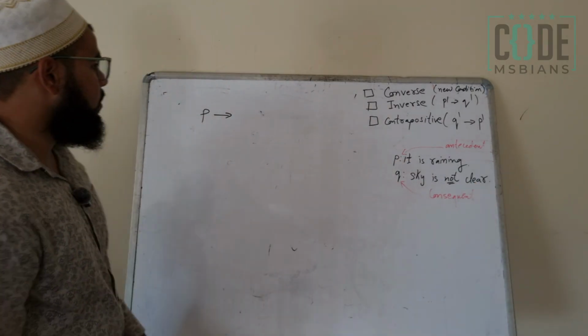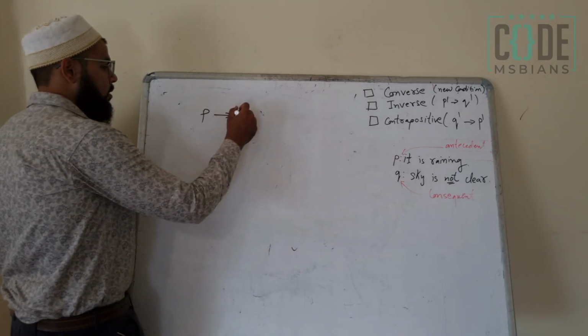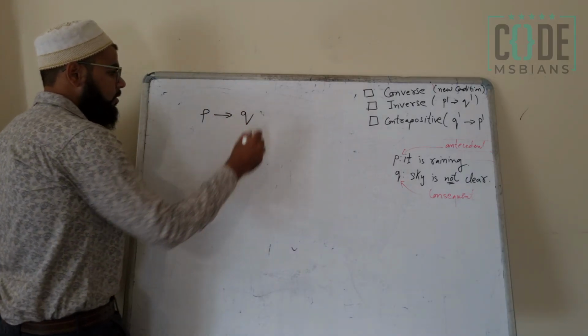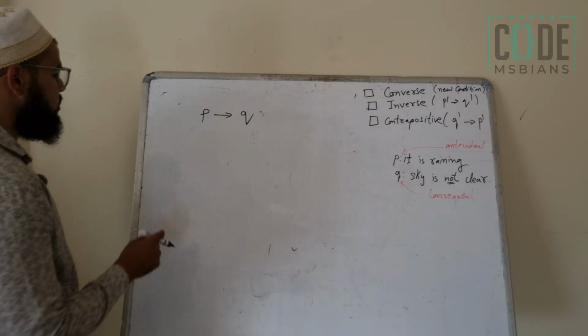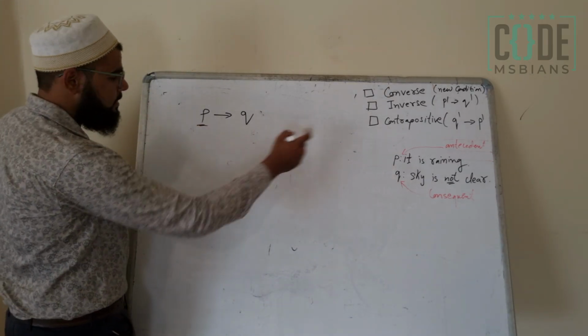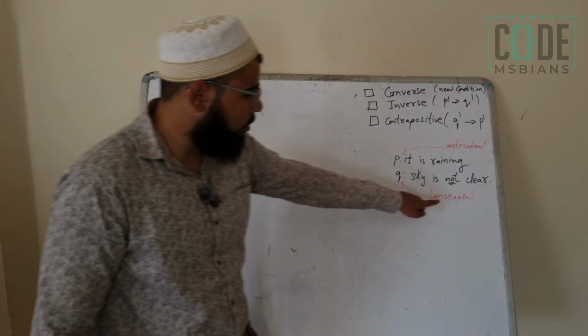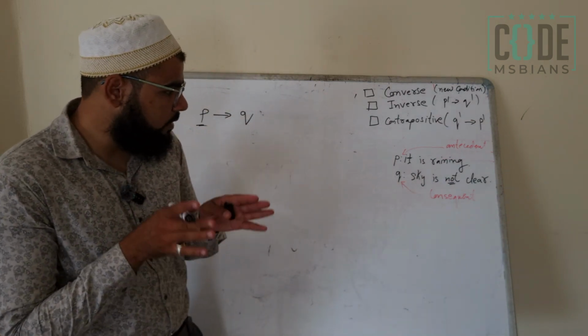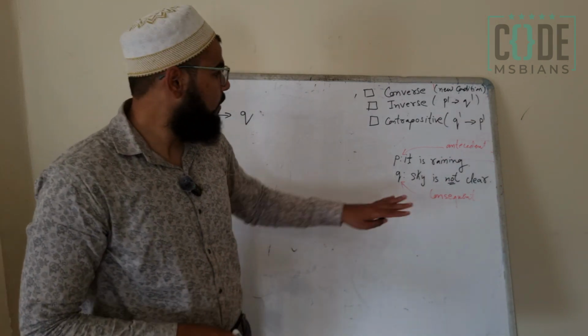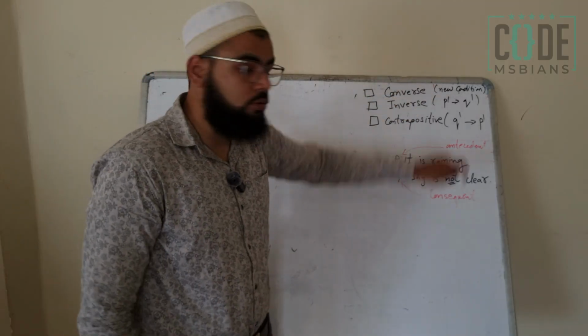So what is the converse of it? You have to write this equation in the opposite way. P is known as antecedent and Q is known as consequent. When you change consequent with antecedent, it becomes the converse, also known as the new condition.